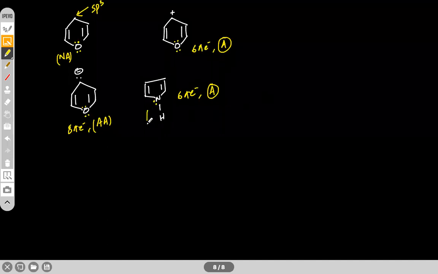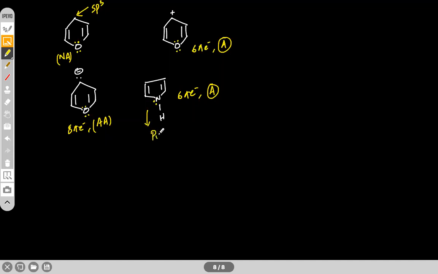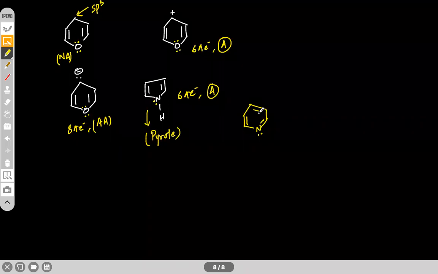Right? This compound, we call it pyrrole. There's one more compound you should know, which has 1 lone pair on nitrogen, and this is the pi bond we have. Now in this, this lone pair is not involved in resonance.